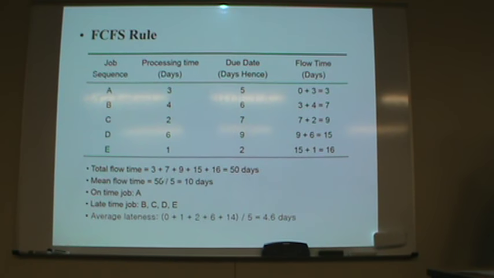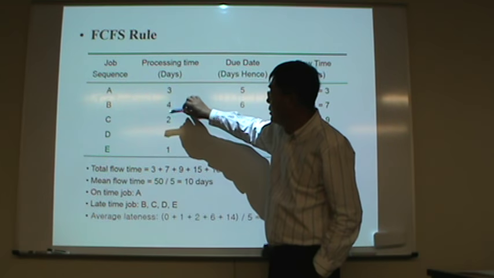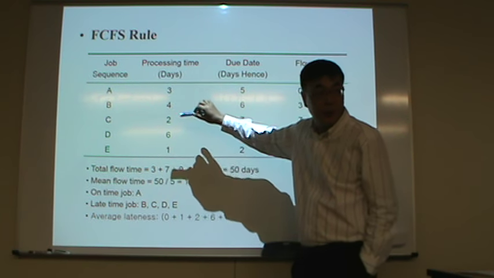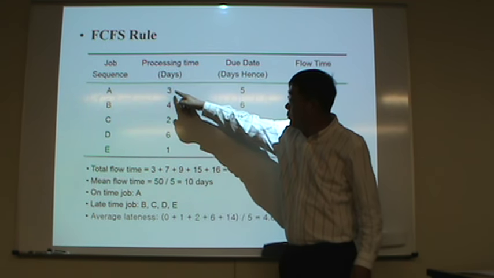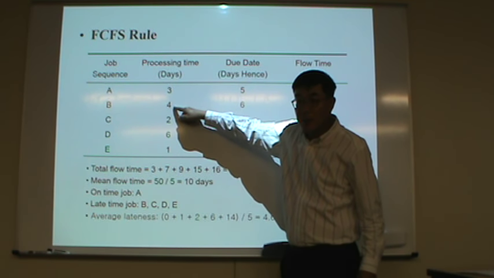Then the flow time of A is 3. This one needs 3 days. After A finishes, we start B, which takes 4 days. So B waits 3 days and then starts, right?